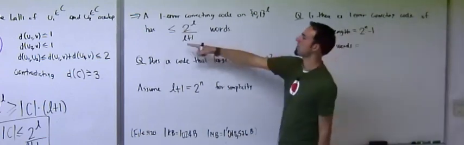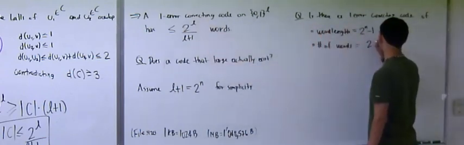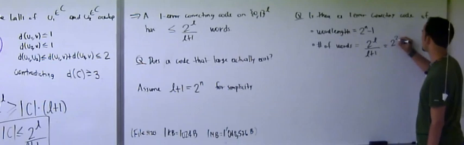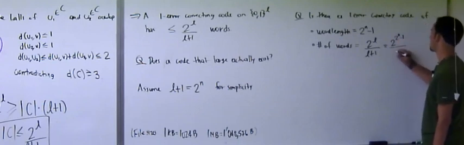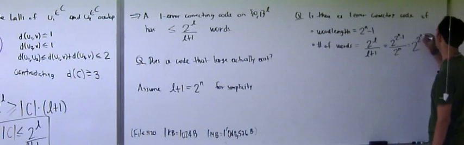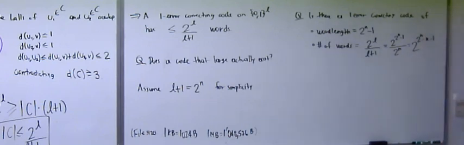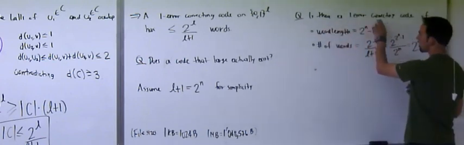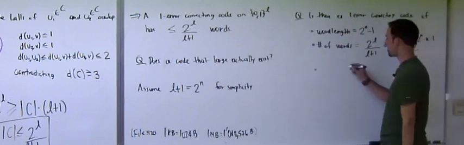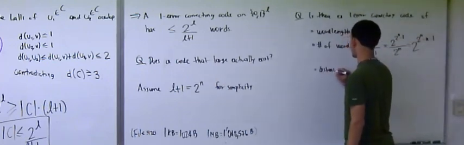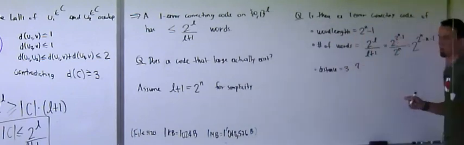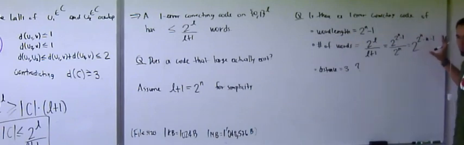I want to figure out if I can get this right number of words: 2 to the L over L plus 1, which is 2 to the 2 to the n minus 1 over 2 to the n. So that's 2 to the (2 to the n minus 1 minus n). Okay. And I want error correction of 1, meaning I want a distance of 3. According to this argument, this is basically the dream code. This is the best we can hope for. This is the biggest we can hope for.